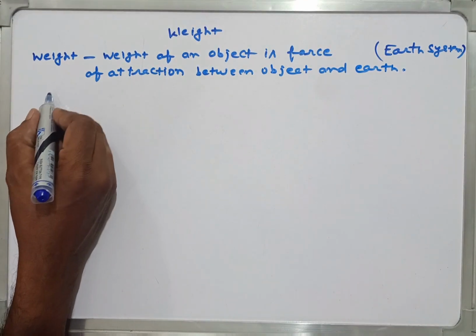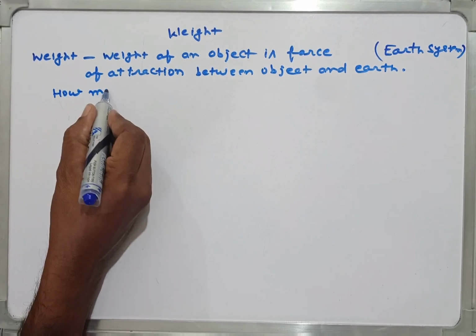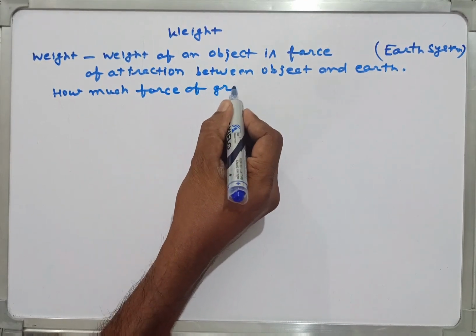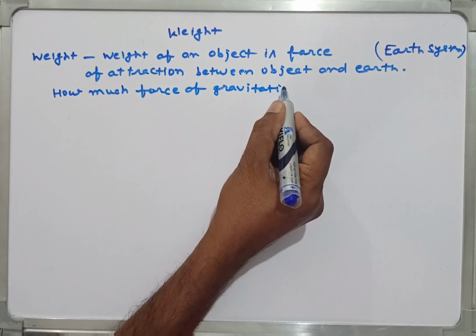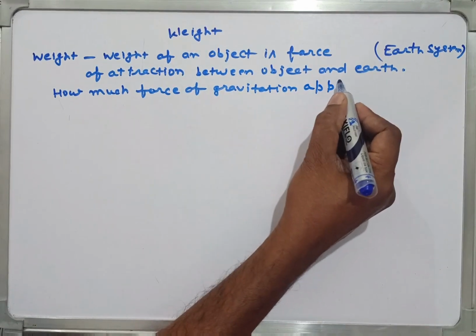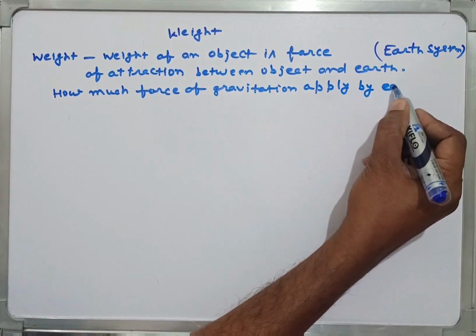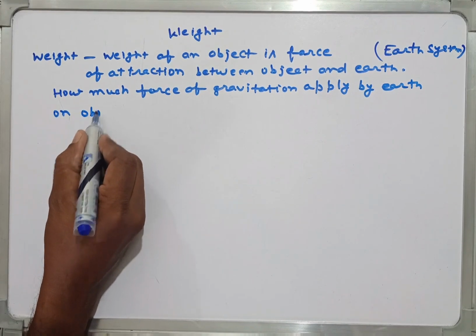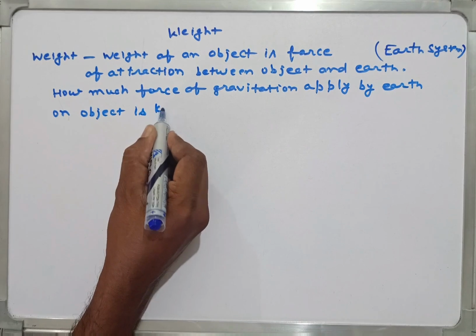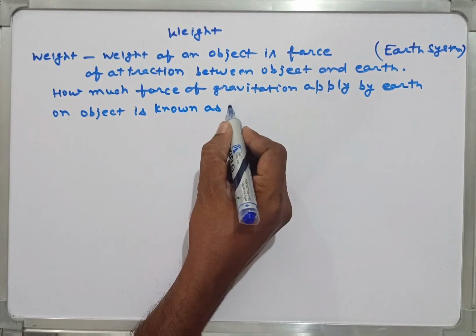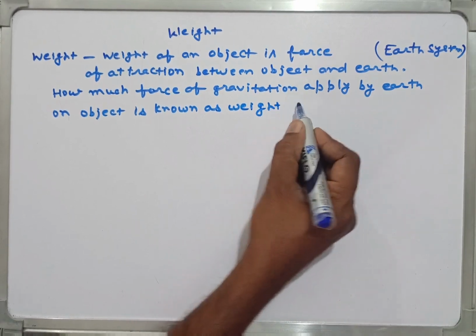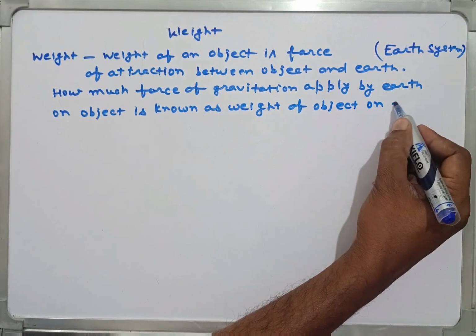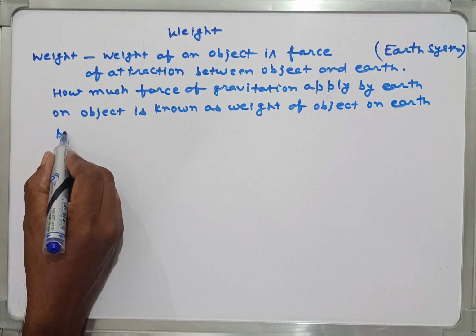So you can say how much force of gravitation is applied by earth on an object is known as the weight of the object on the earth's surface.